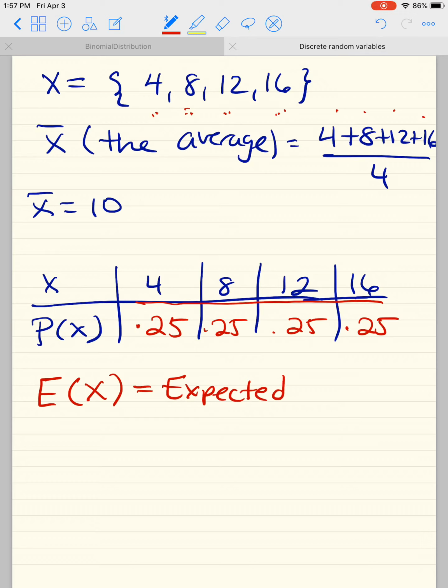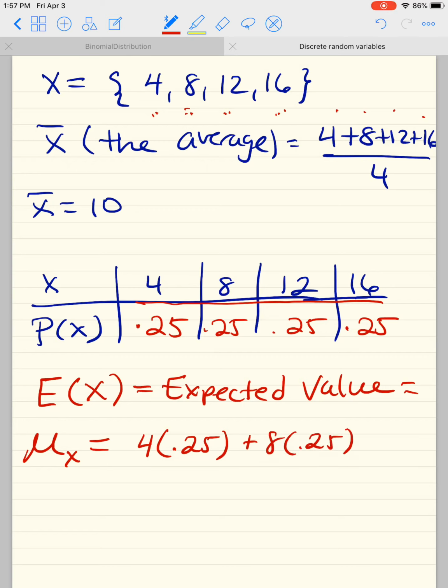In order to find the average or the expected value, I'm going to call this mu of x. They all mean the same thing. Mu means that you have the population, and you know you have the population because it adds up to 1. But in order to do this, I'm going to do 4 times 0.25 plus 8 times 0.25 plus 12 times 0.25 plus 16 times 0.25.